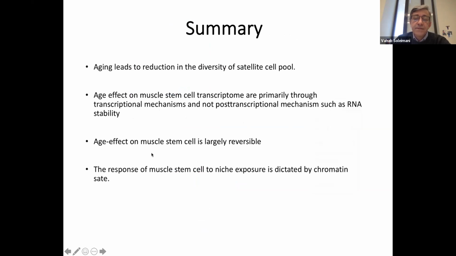Age effects on muscle stem cells are largely reversible, more than 50% is reversible. However, the degree to which a gene responds to the niche is dictated by the chromatin state of its promoter. And we think the most likely culprit behind the genes that are resistant to the niche is that they're methylated at the level of DNA.